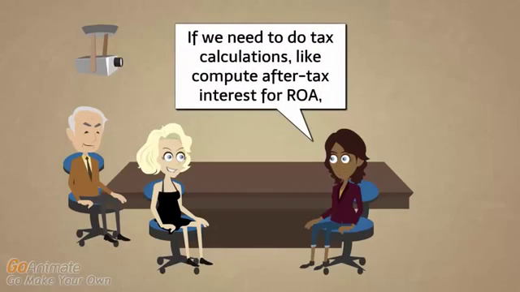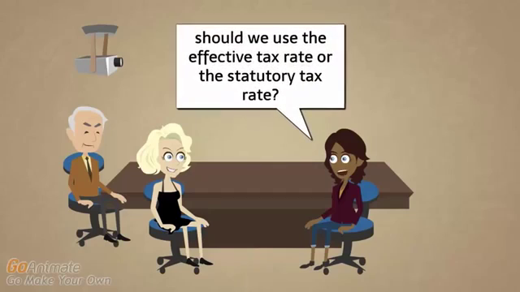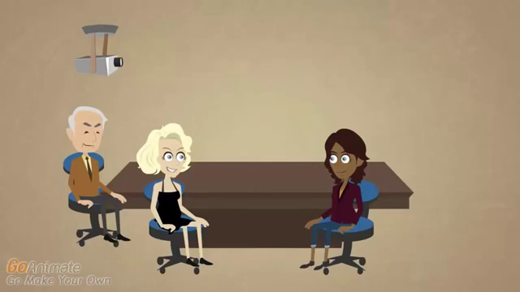If we need to do tax calculations, like compute after-tax interest for ROA, should we use the effective tax rate or the statutory tax rate? No, don't use the effective rate for tax calculations. This is a thing that I think a lot of people do, and I totally think it's wrong, because this effective rate reflects the impact of this municipal bond interest revenue.